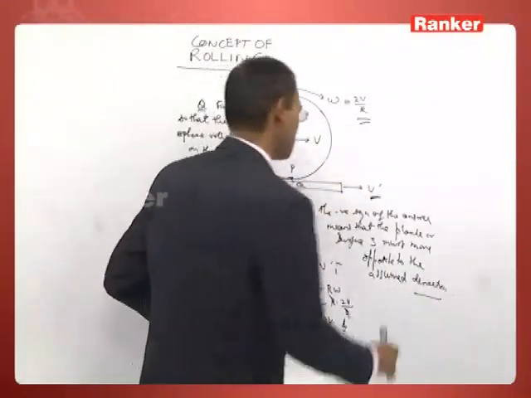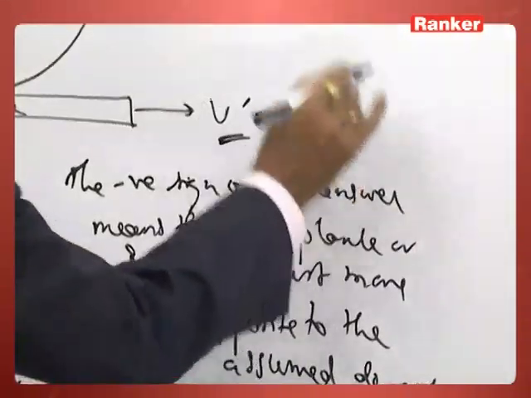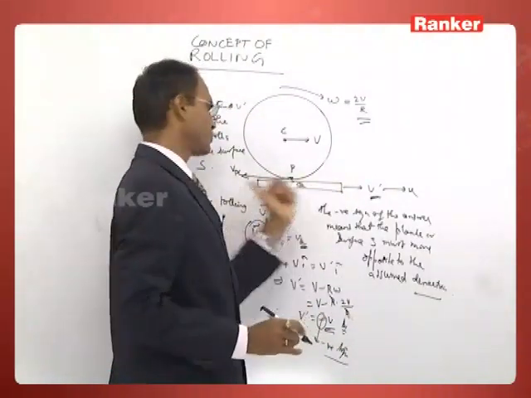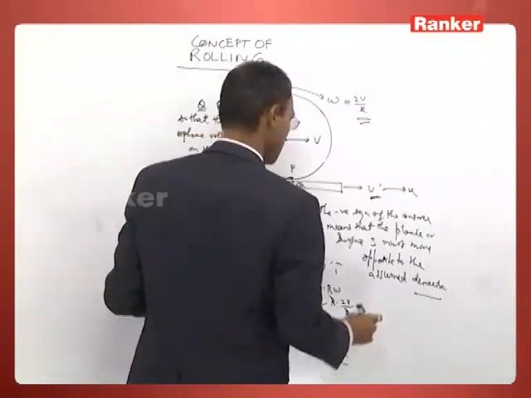Our assumed direction is along positive x direction, but we get a negative answer. Therefore, this plank or the surface should move in negative x direction.